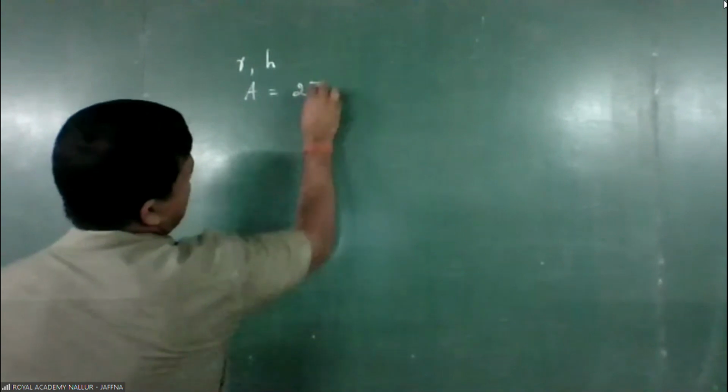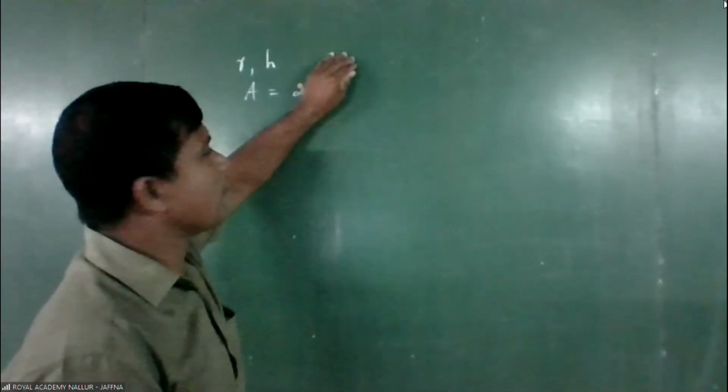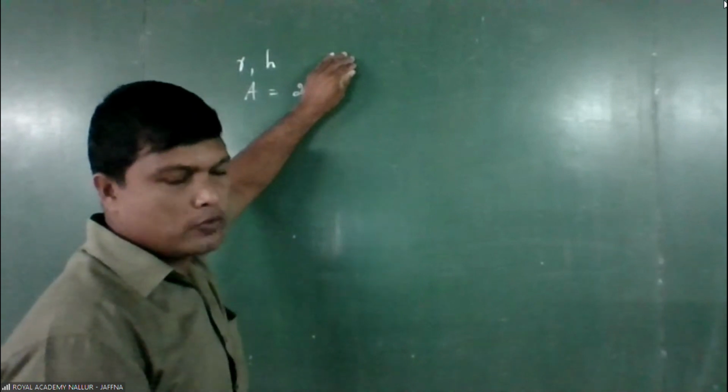Now you know the formula for finding the total surface area. Let's say the radius of the base is r and the height is h of a cylinder, then total surface area will be 2 pi r squared. Pi r squared is the area of one cross section, but there are two circular cross sections in a cylinder.